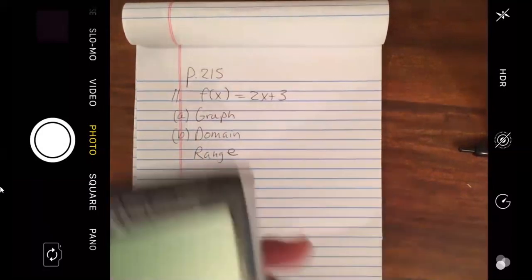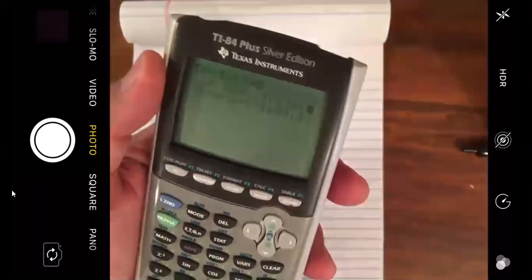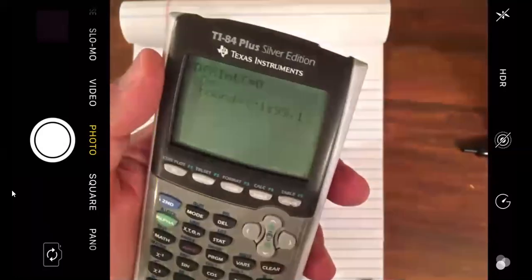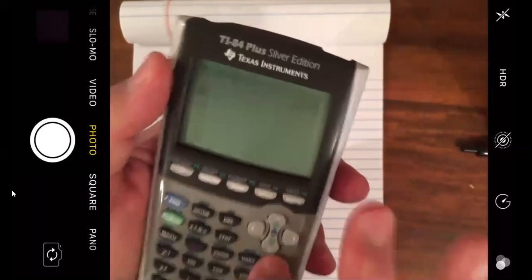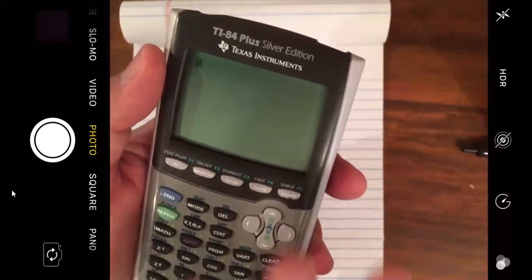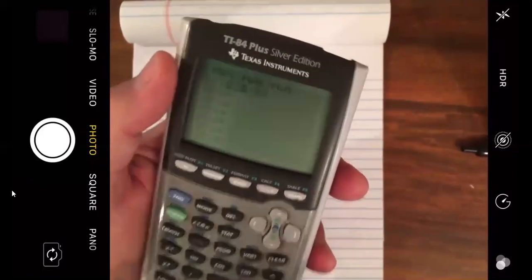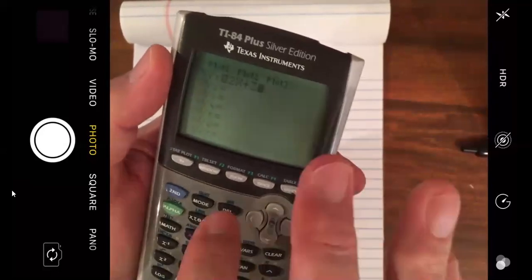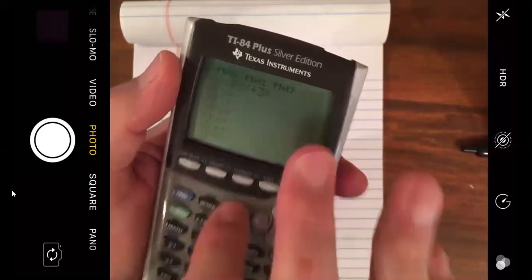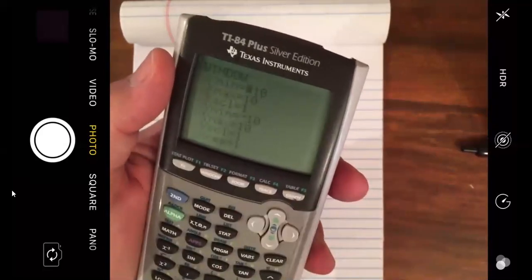Okay, we've graphed before. Y equals 2x plus 3. Clear that off. I use the standard window.